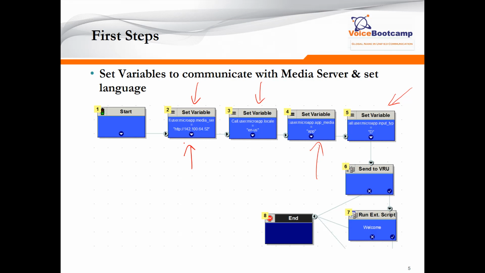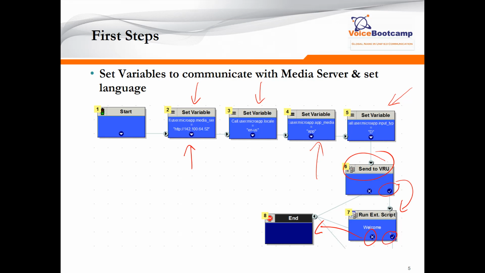Once those variables are supplied, we're going to try to establish a connection using Send to VRU to the CVP server. If it is successful, then we're going to play a welcome prompt. Of course, every script should have some sort of welcome prompt. If the welcome prompt is unable to be executed for some reason, the call will end.